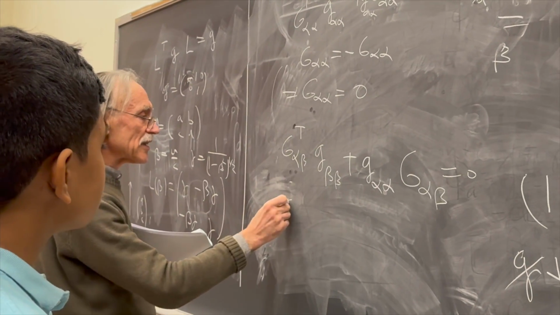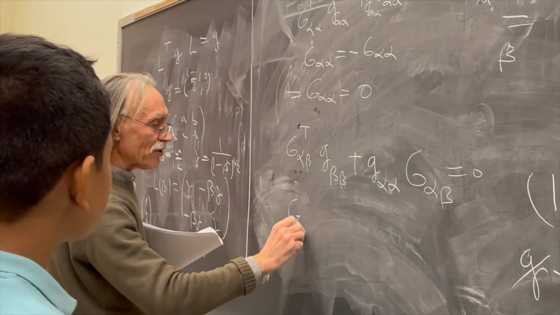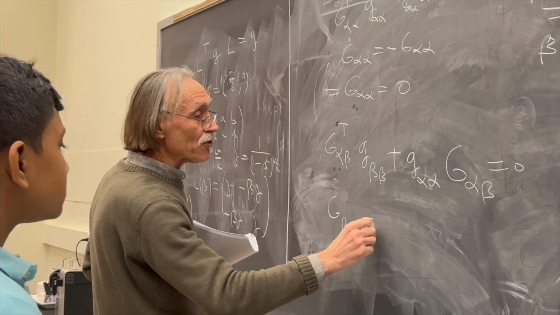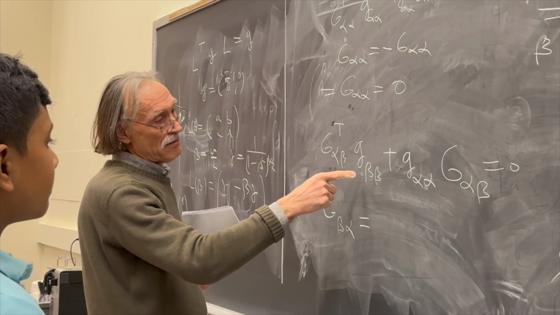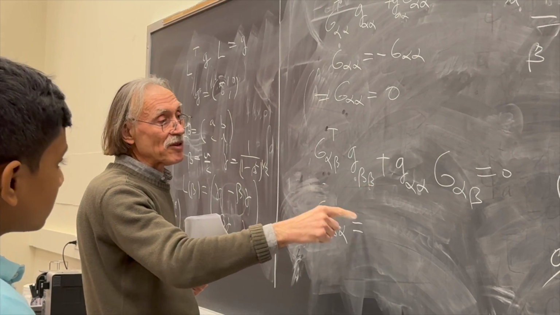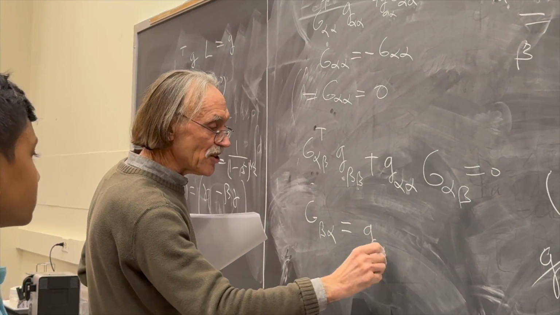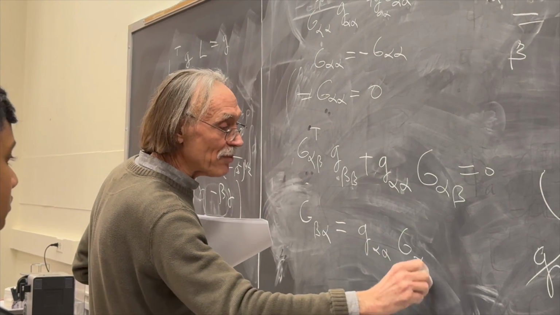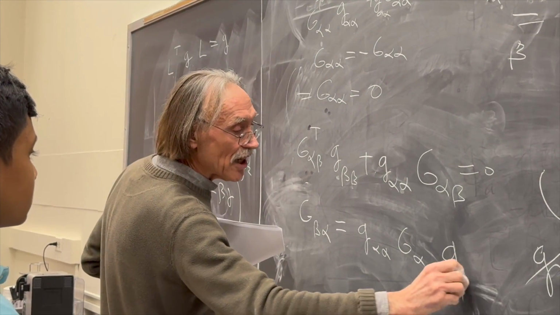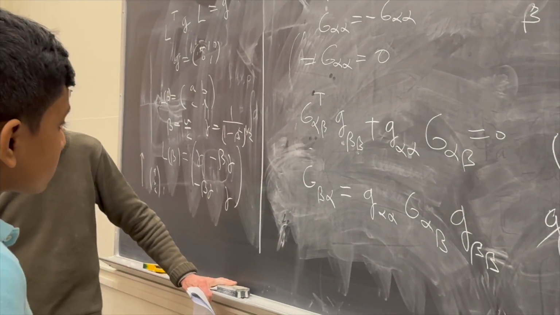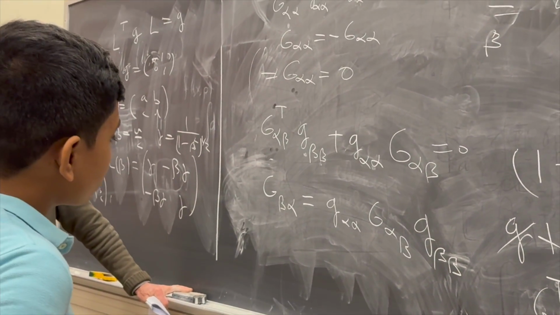The transpose is G beta alpha. This is just a diagonal matrix with plus or minus 1, so we can multiply that: G alpha alpha, G alpha beta times G beta beta, for the special case of the metric we had.